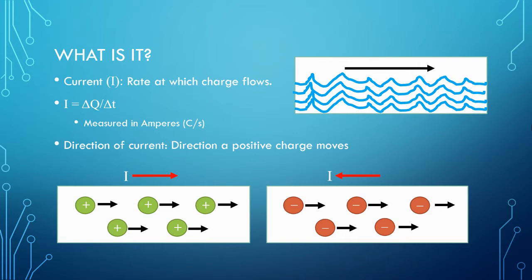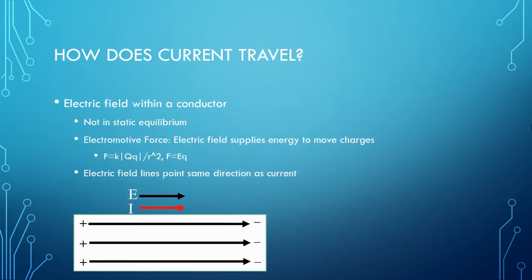In the example on the bottom right, negatively charged particles are moving to the right, so the current is moving to the left, because that's the direction that the net positive charge is moving. If negative charges are moving to the right, they're leaving a net positive to the left, and so that's the direction the current is moving in that situation.